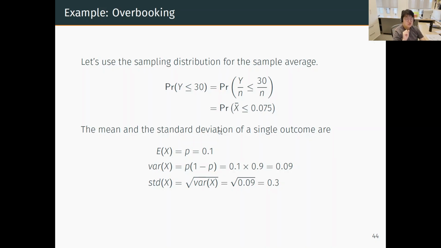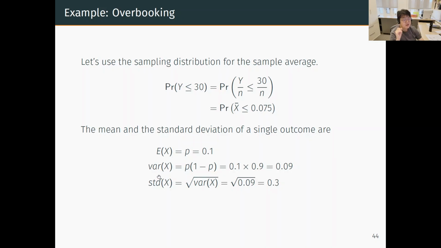To do that, you need to calculate the mean and the variance for a single reservation, which we did in the earlier chapter, right? The mean of a single binary reservation variable is the probability of success, which is 0.1.